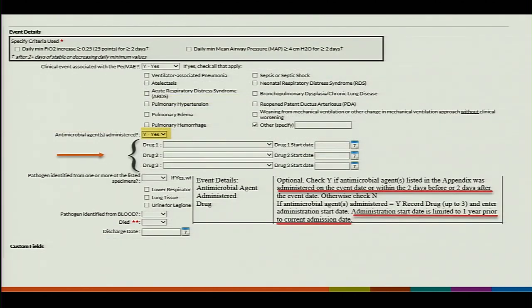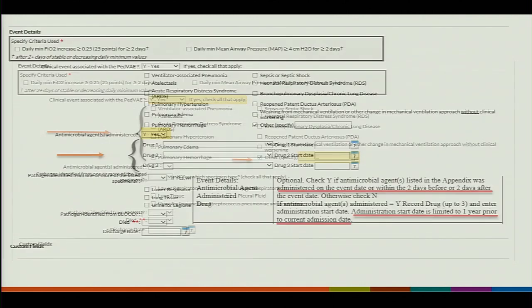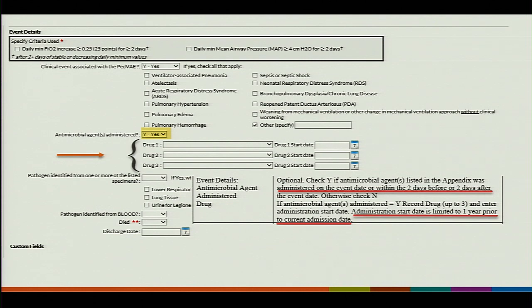When you answer the antimicrobial field, similarly, it pops open. You'll see that under the antimicrobial agent on this, it's nothing there. If you say yes, the fields expand and you're able to enter 3 drugs with the instruction that you're looking at administration on the 2 days before or the 2 days after or the date of event itself.